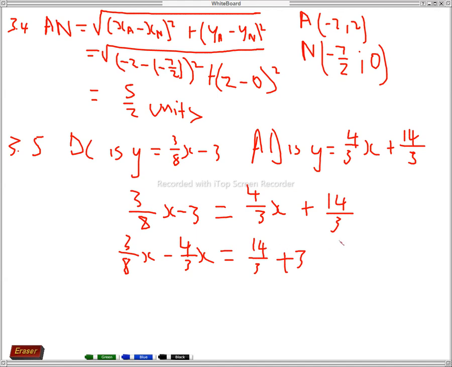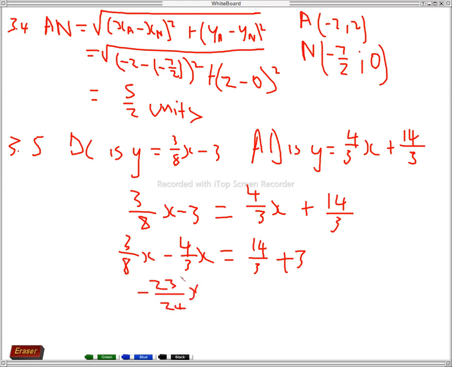So just punch this on your calculator, guys. It's 3 over 8 minus 4 over 3. You can do this with your own knowledge. It's negative 23 over 24.